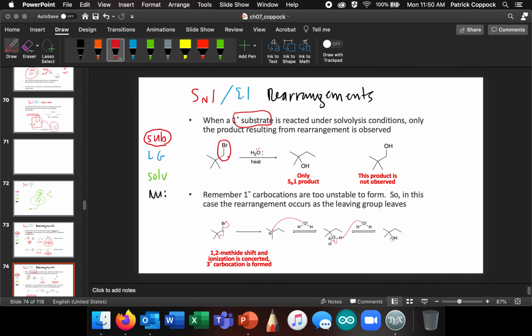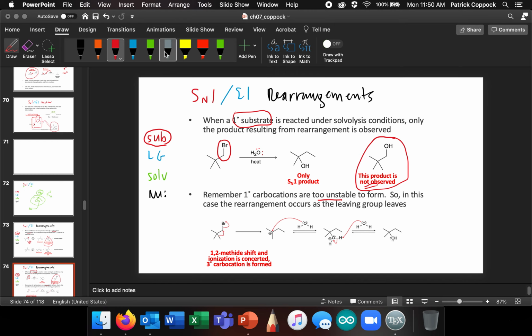A primary carbocation intermediate would give rise to this product, but it's not observed, because you get the shift. Remember, primary carbocations are too unstable to form. We're not going to see those. So in this case, the rearrangement occurs as the leaving group leaves.